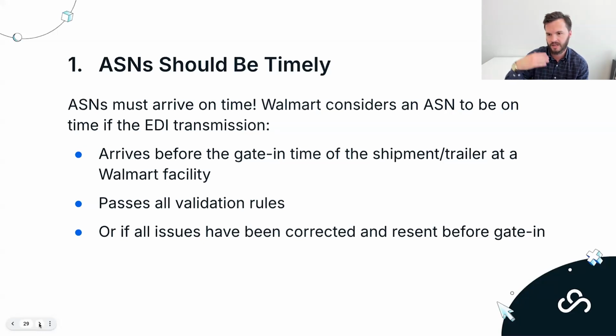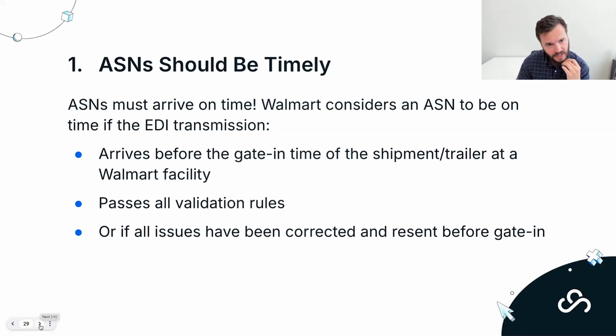But again, with that 824 process, right? Are they accurate enough from the beginning to be able to be received on time, or is it the errors that are making them not received on time, if that makes sense? So we'll get into accuracy. Surprise, surprise, ASN accuracy also matters a lot too.